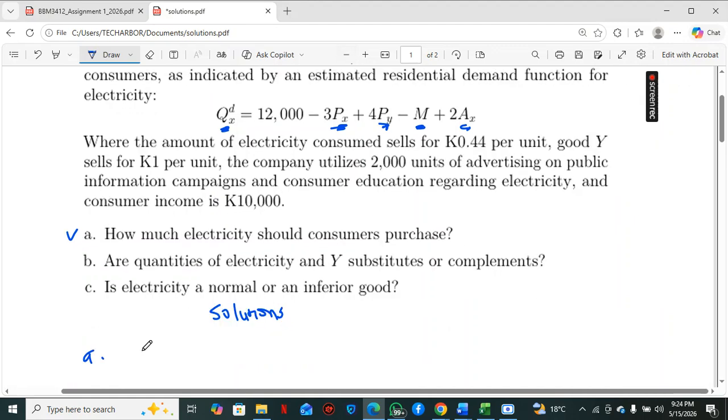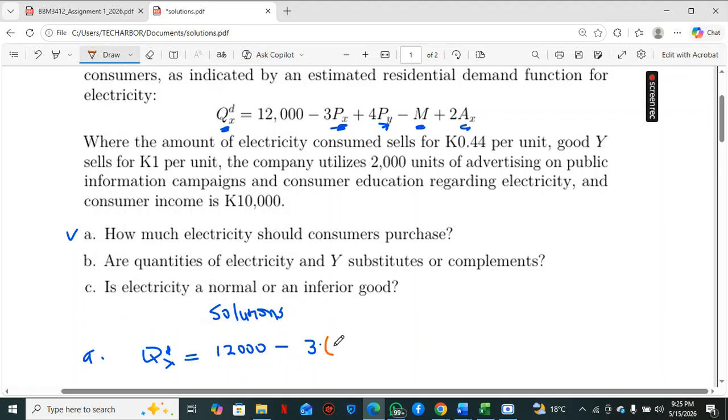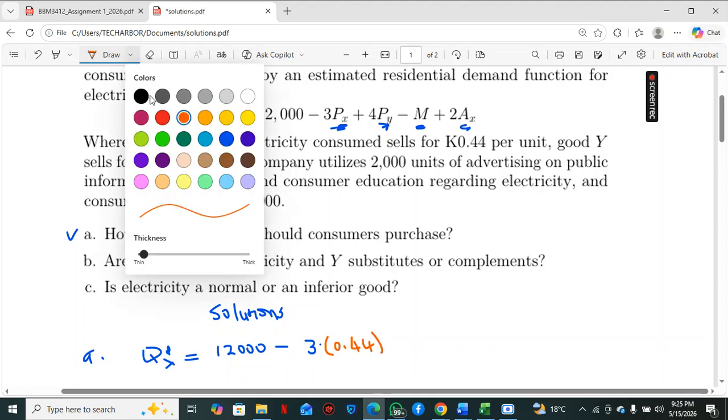So you're going to say Qdx equals 12,000 minus 3. So px is 0.44, plus 4py.